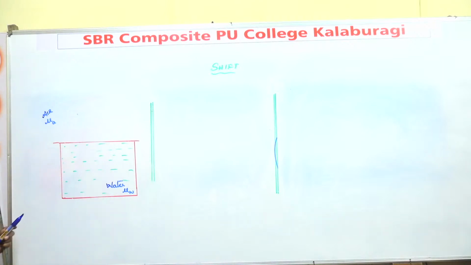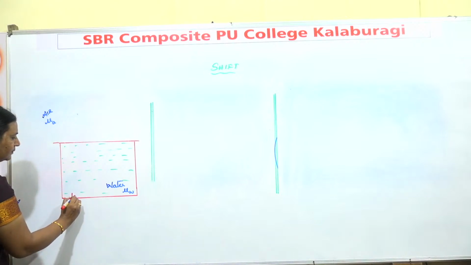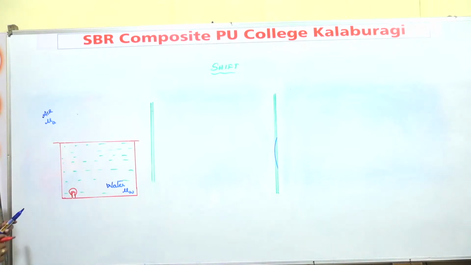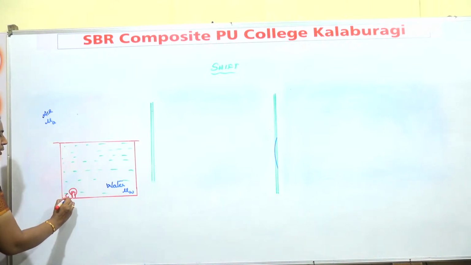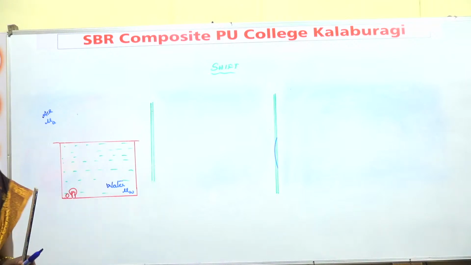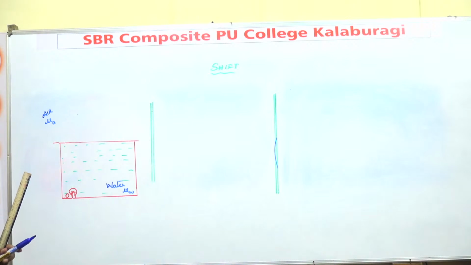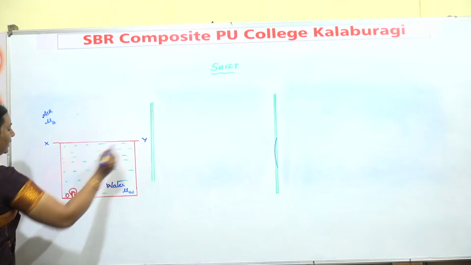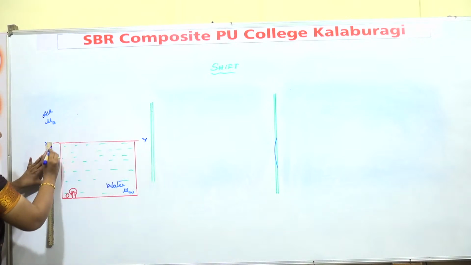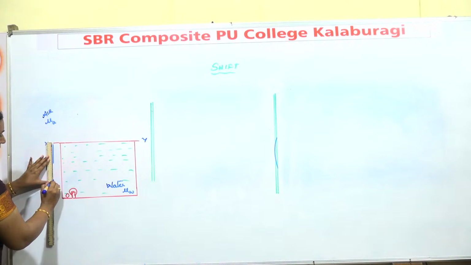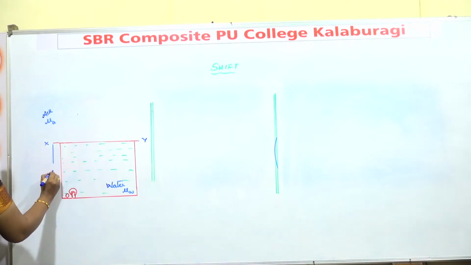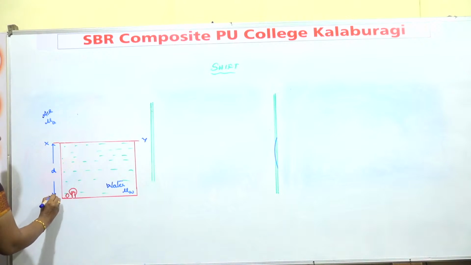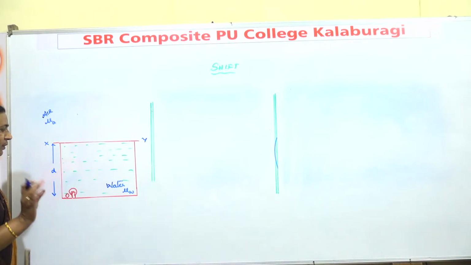So in this water medium, suppose you are keeping a source of light here, okay, we are having a source of light. Let me call this as object, and this object, from the interface xy, is at a depth of, say suppose d. Okay, the source of light is at a depth of d.